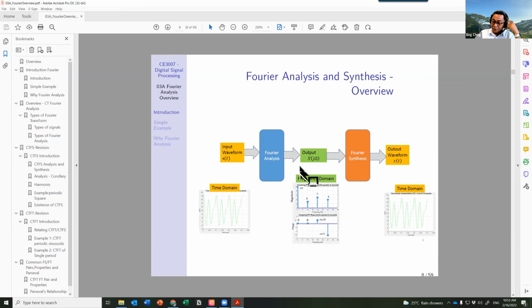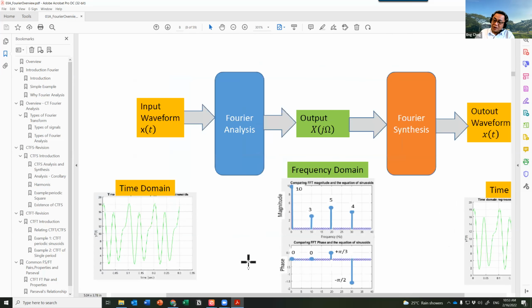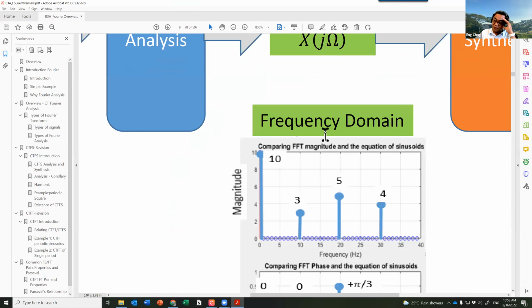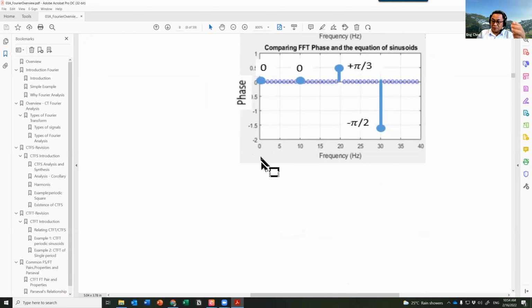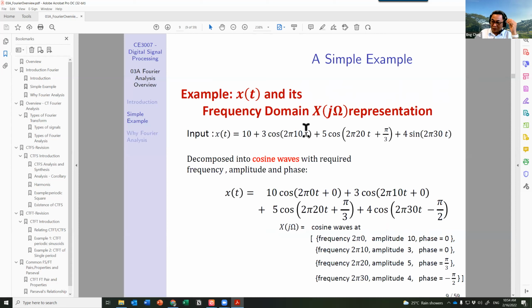So imagine now this horizontal axis and these values are representing the existence of cosines at different frequencies. Cosine at 0 hertz, amplitude 10. Voila, we got the first term. What about the second term? 3 cosine: an amplitude of 3 at cosine 10 hertz, no phase shift.